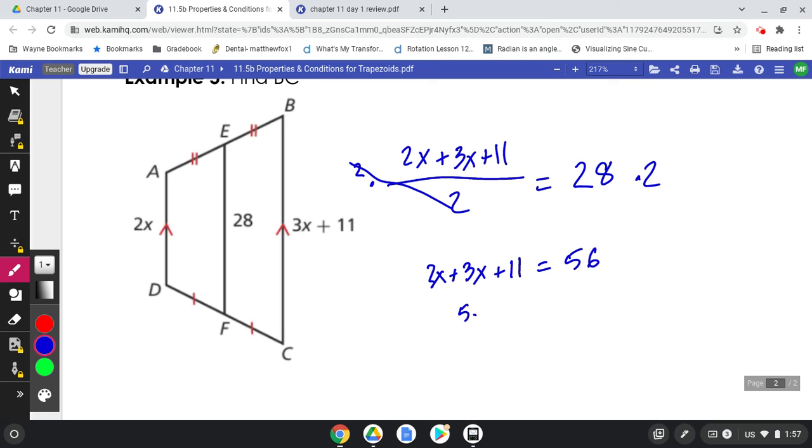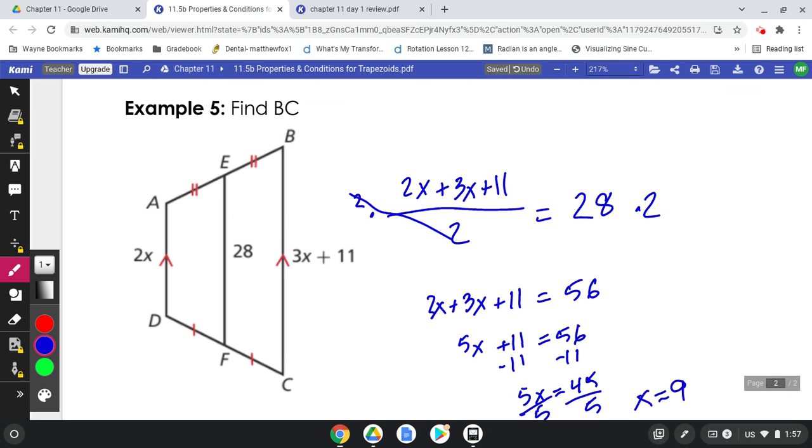Then combine like terms. Subtract. Divide. And we get x equals 9.